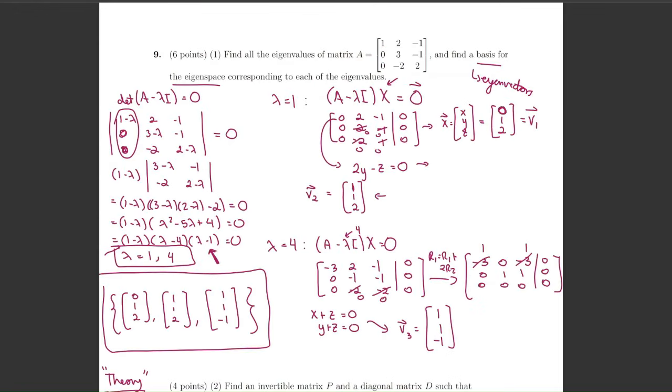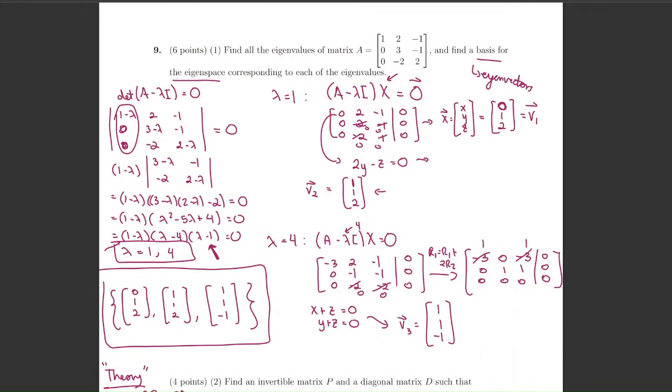I just pulled up an example here, I think the spring 2023 midterm 2 exam. This is an example where we had to find the eigenvalues and eigenvectors. From these eigenvectors, you can see that this dotted with this is not equal to 0. These two are, but that's irrelevant, because if we dot these two together, they're not orthogonal.